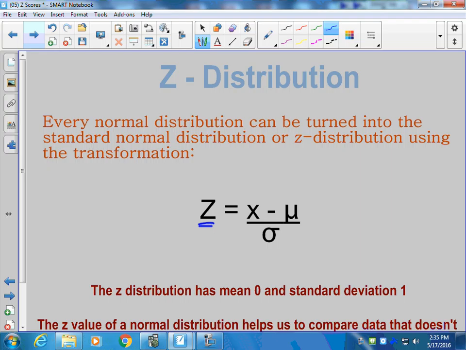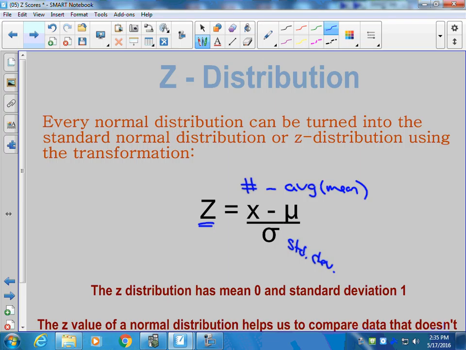Now, to find z, and z is the number of standard deviations above or below average, just like the distribution we saw, we take our number minus the average or the mean, okay, it can be called either. We divide by the standard deviation, and what that does is that normalizes the distribution.